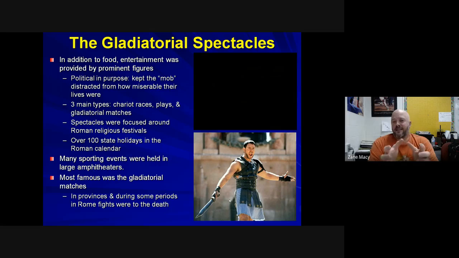It was less MMA and more WWE. During the largest periods of time, while there were certain periods where there were gladiator matches to the death, in a lot of cases, gladiator matches were not to the death. People still might get injured.